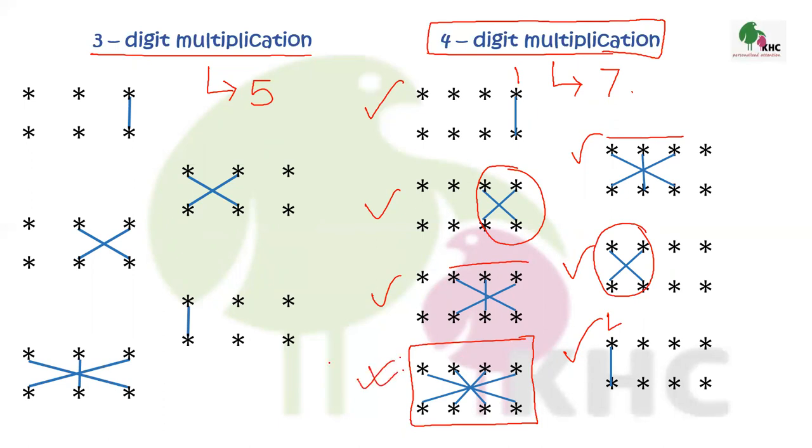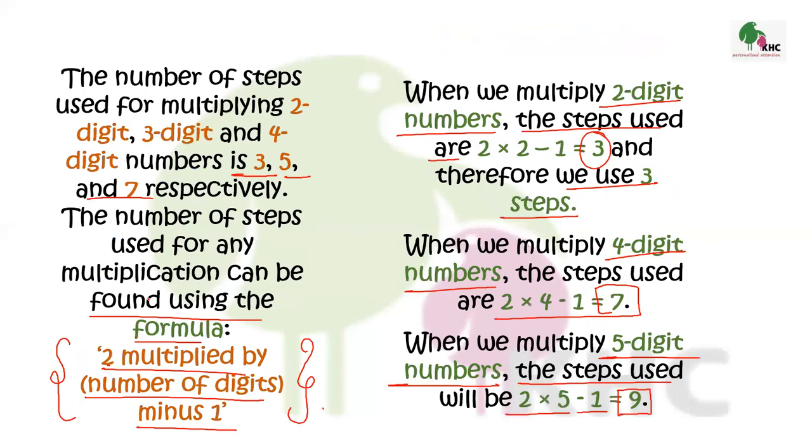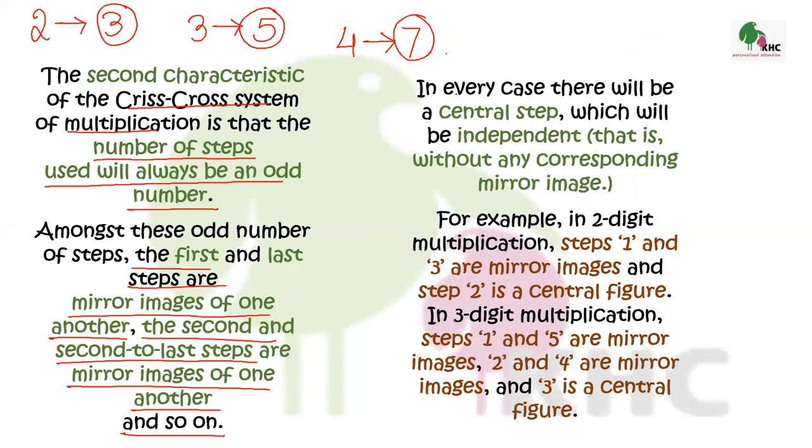The central step does not have any mirror image. So that is the third property. In every case there will be a central step which is independent, that is, it doesn't have any corresponding mirror image. So I hope you're clear with the mirror images here.